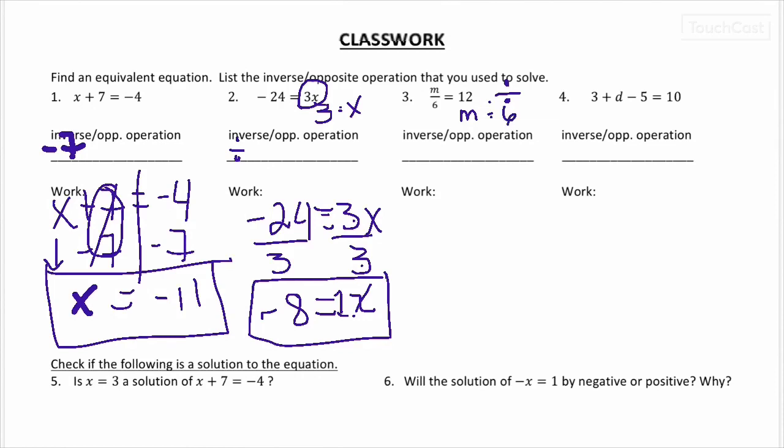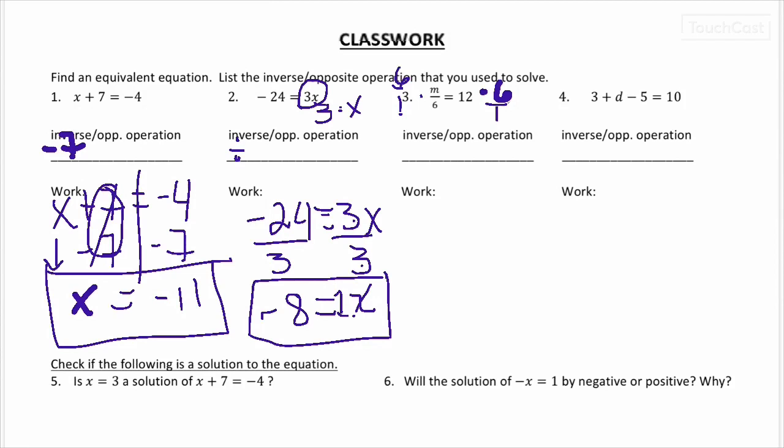Okay, so the operation is division. And so the inverse will be times. So I'm going to multiply this side by 6. I'm going to multiply the other side by 6. And this 6 over here is over 1. They line up. Okay, so 6 is on the top.